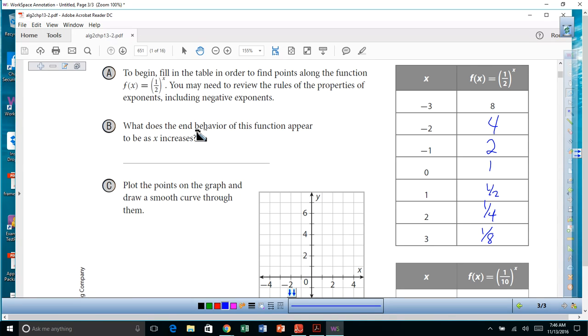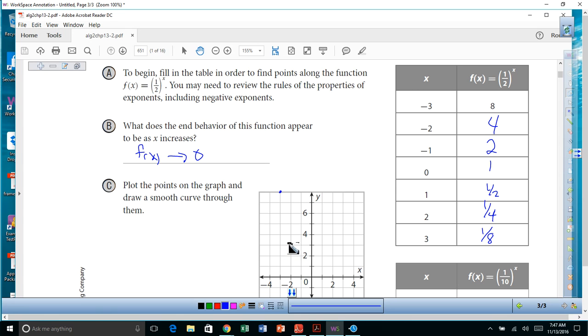What does the end behavior of this function appear to be as x increases? Well, as x increases, it appears to approach 0. F of x approaches 0. And I'll show you. Now let's do this graphically. Negative 3 is 8.